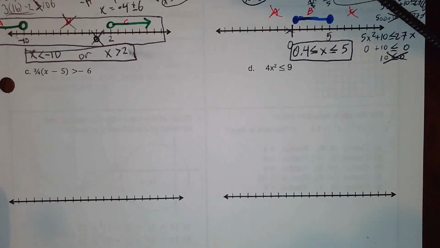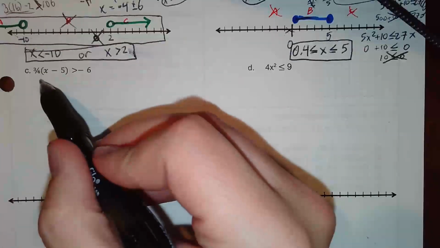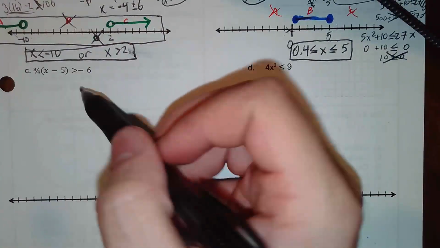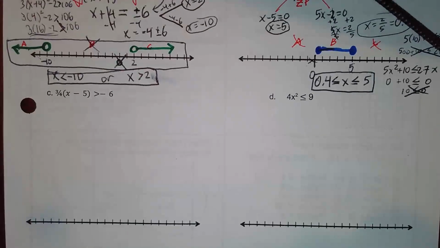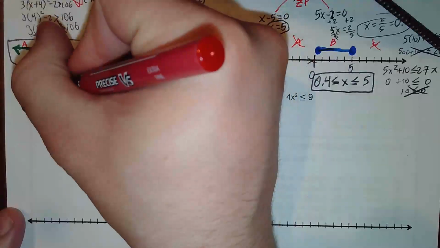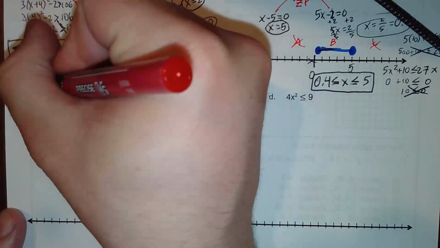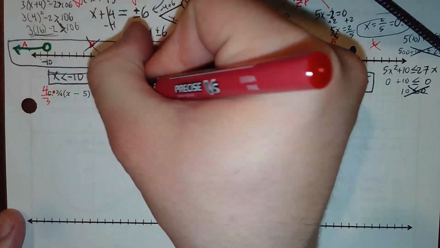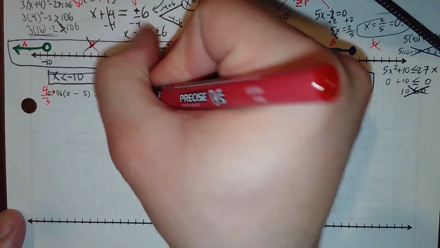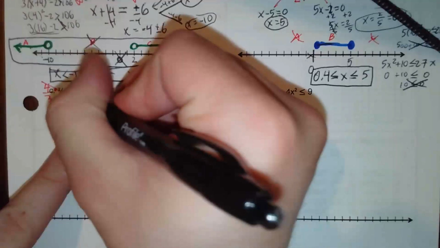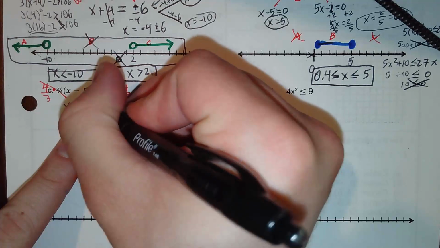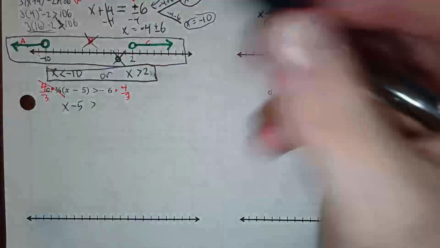Okay, our next problem is letter C. For letter C, you can decide if you want to distribute and solve it a different way. For this one, I'm going to use a little bit of a trick, which is I'm going to multiply by the opposite of 3/4. The opposite of 3/4 is 4/3. So if I do that, it's going to cancel out. That's going to give me x minus 5 is greater than whatever this multiplies to.